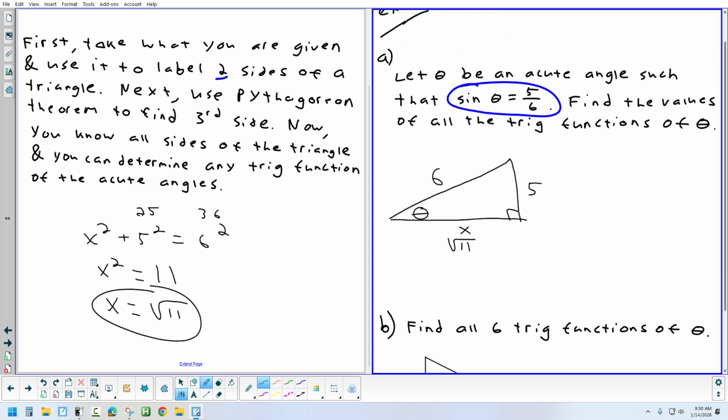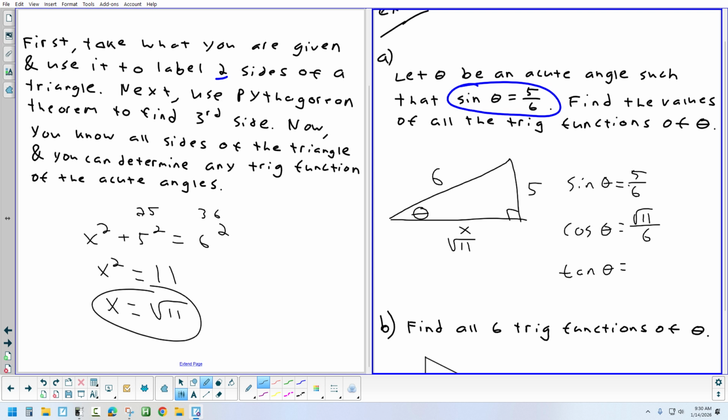All right, so let's do the sine. Well, we already know that: 5/6. Cosine. What's the cosine of theta going to be? Yeah, the square root of 11 over 6. Yep, and that's fine because the square root was in the top. So no problem there.